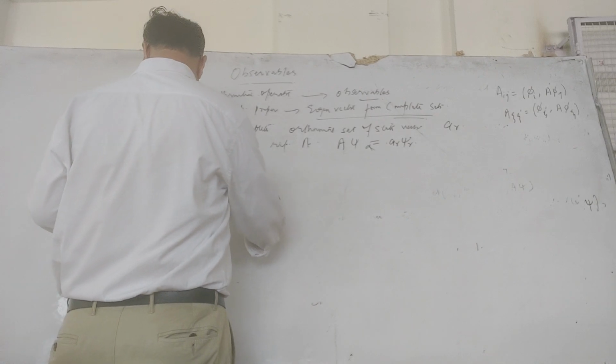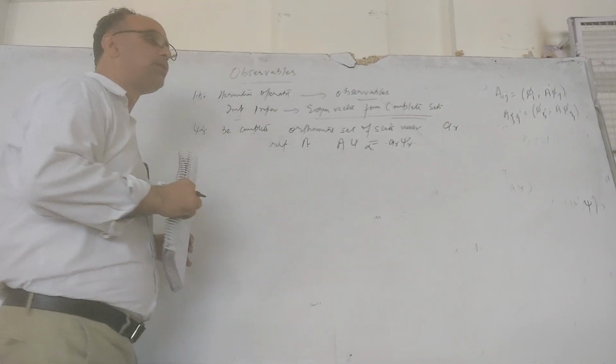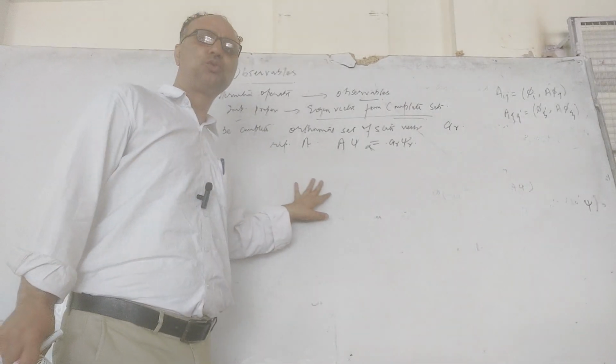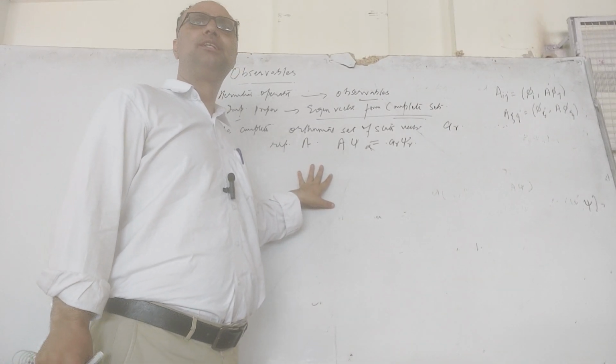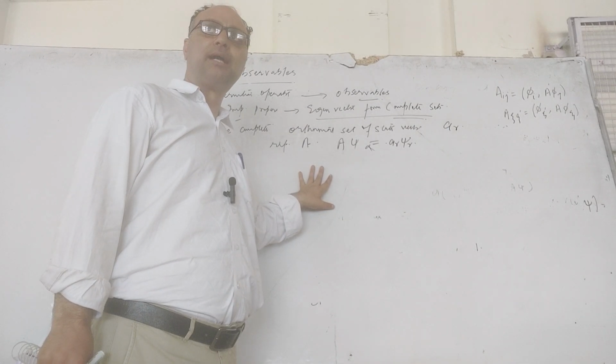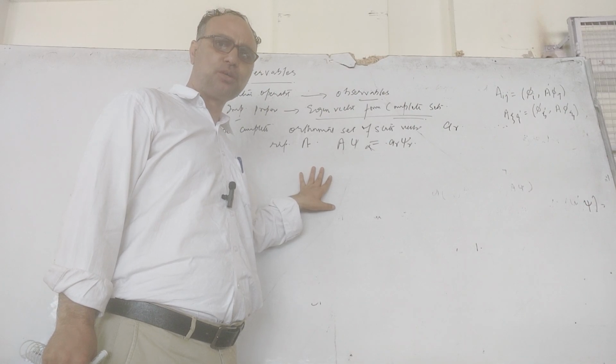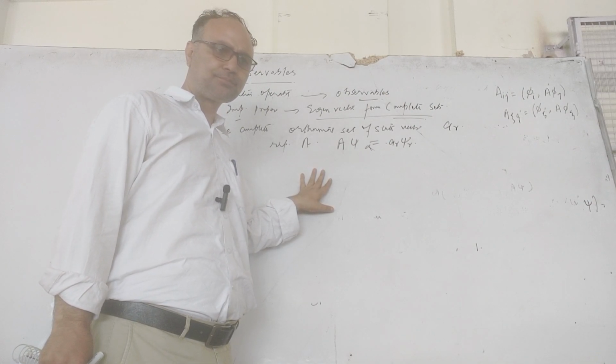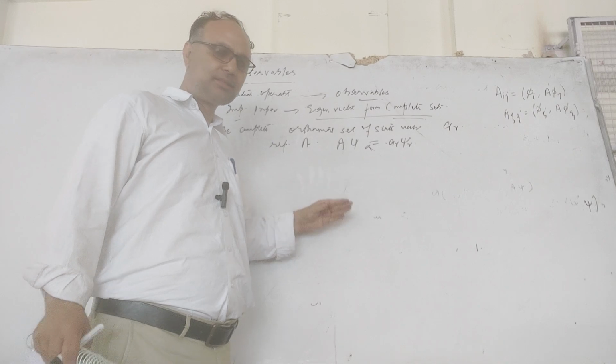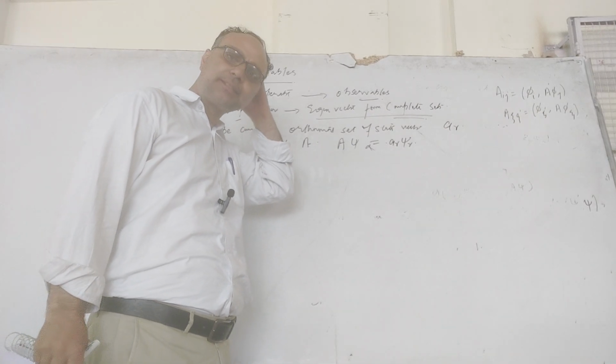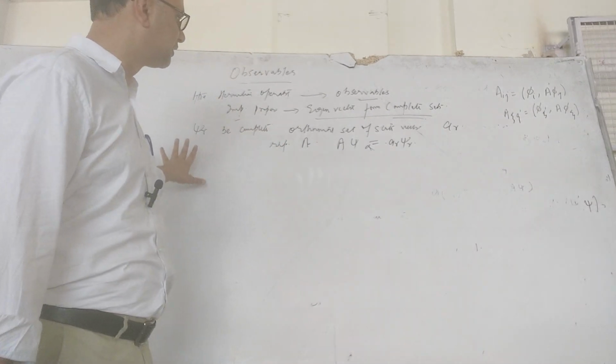I'm using these words which might not carry sense because you should have knowledge of probability and statistics, how we average out observables in a given sample. That understanding is how we define expectation values.